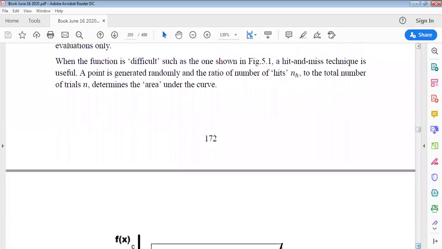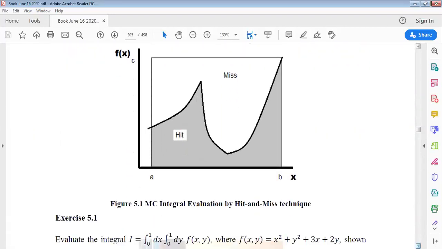So when the function is difficult, such as the one which I'm going to show you below, then a hit and miss technique is useful. A point is generated randomly, and the ratio of the number of hits nh to the total number of trials n determines the area under the curve. So if your function looks something like this, then what can you see over here?